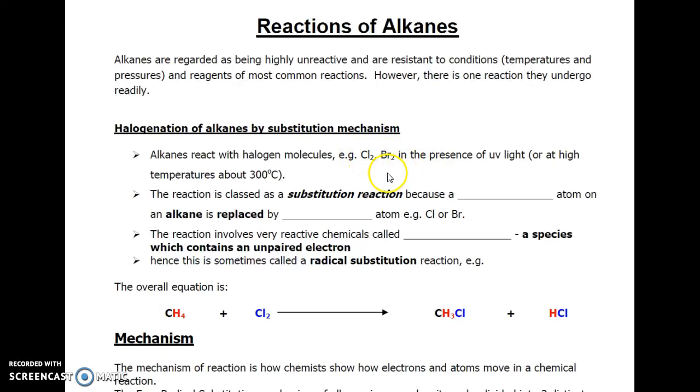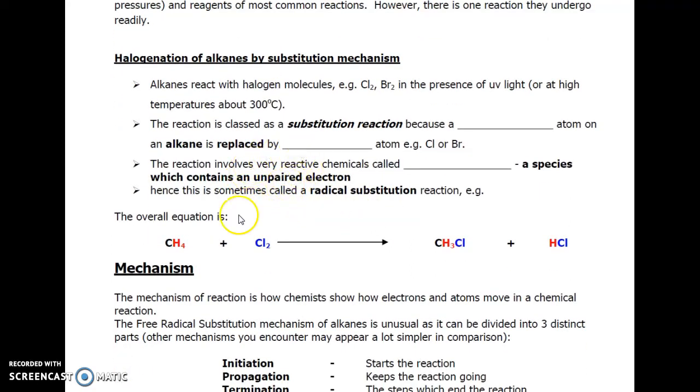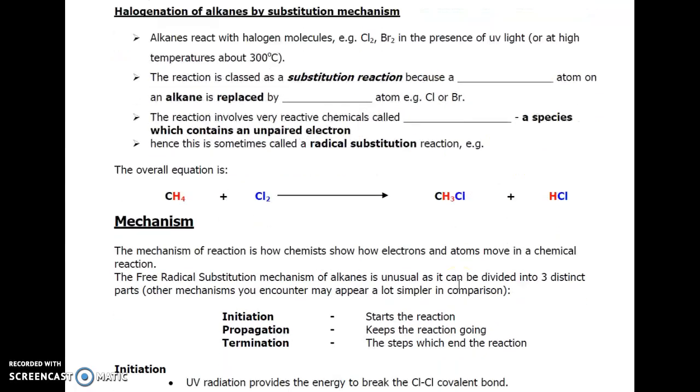You can use chlorine, bromine, or even fluorine. It's a substitution reaction because if we look at this scheme here, one of the hydrogen atoms is being substituted for a chlorine atom. Hence we get hydrogen chloride as a byproduct. So it is a substitution reaction.